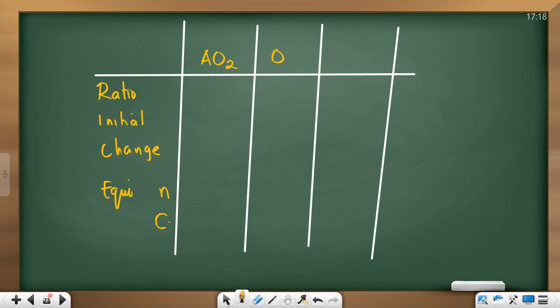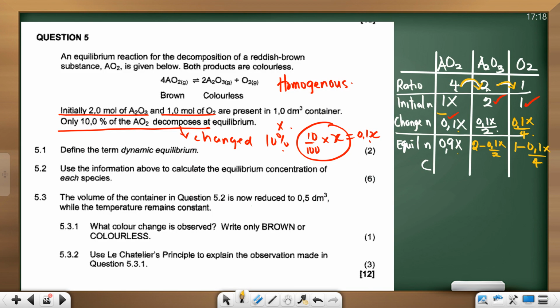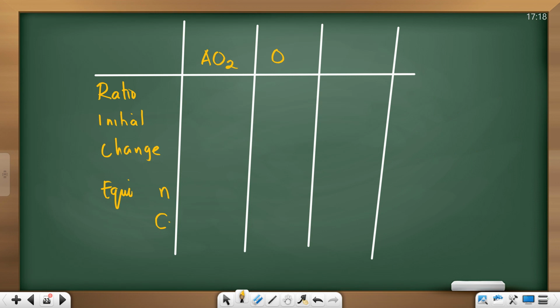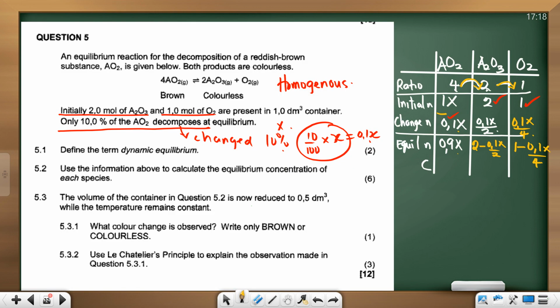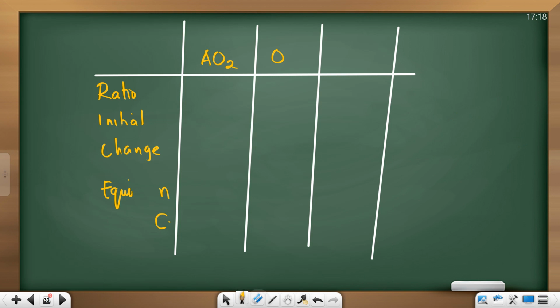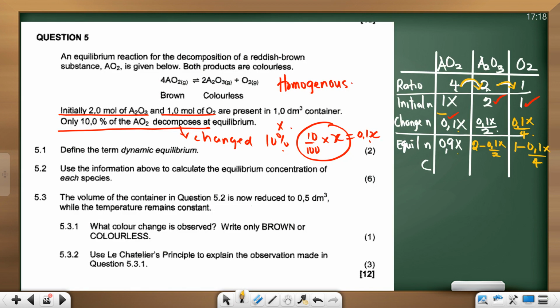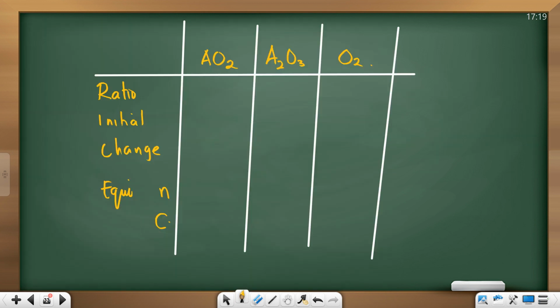It was O2. Is that O2? A2O3. Okay, this looks like aluminum oxide, A2O3, and that is oxygen. And we have our ratio 4:1.